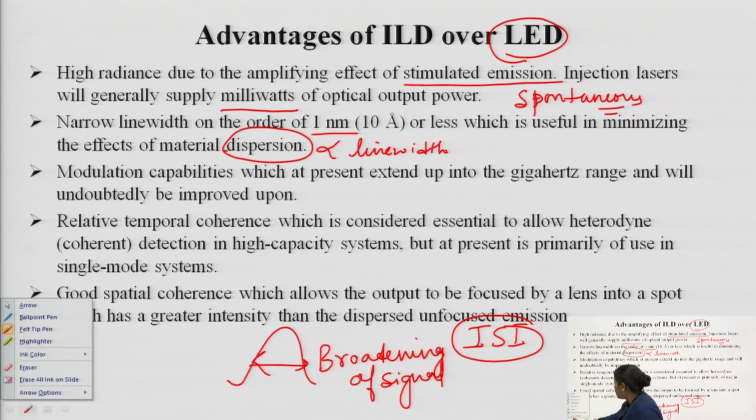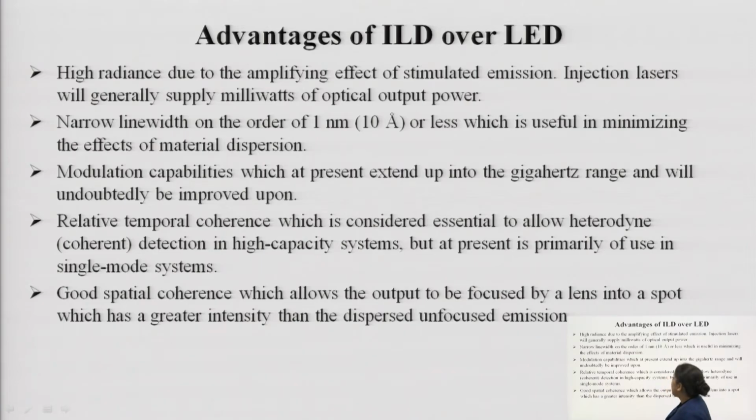Now, the modulation capability extends up into the gigahertz range and will undoubtedly improve. Modulation is basically a mechanism where, in layman's language, we can say that modulation is a process by which we can change some frequency or phase, so that our signal can be easily transmitted from the source to the destination.